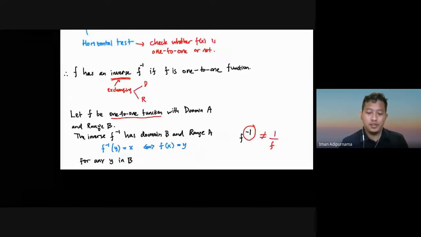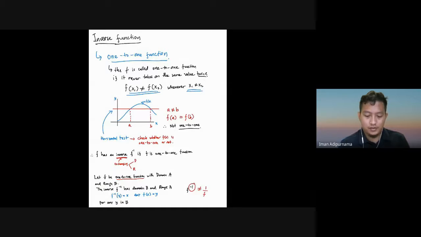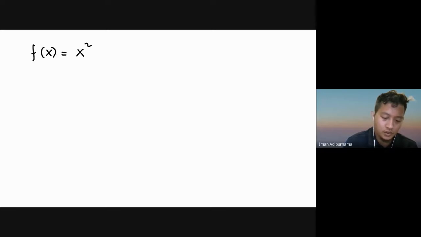Okay, some examples. Maybe I will just give you some easy, simple examples, then how we are going to use these definitions to find the inverse. For example, if you have f of x is x squared, what is the inverse?